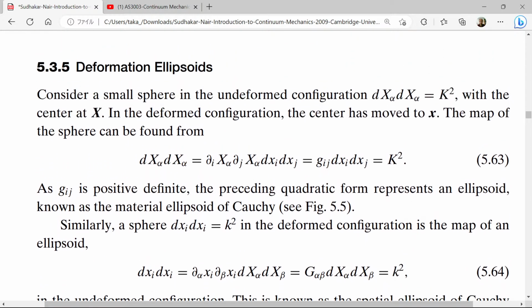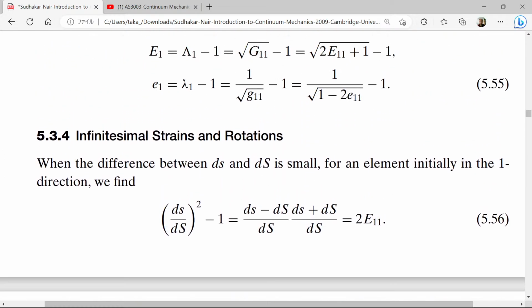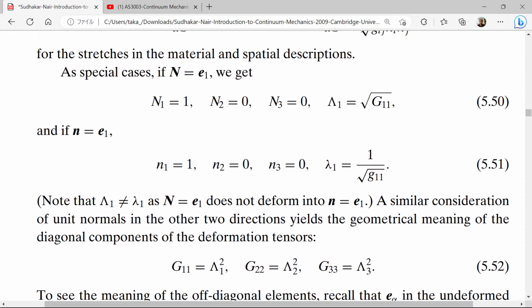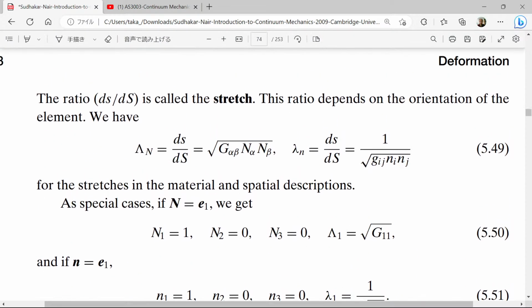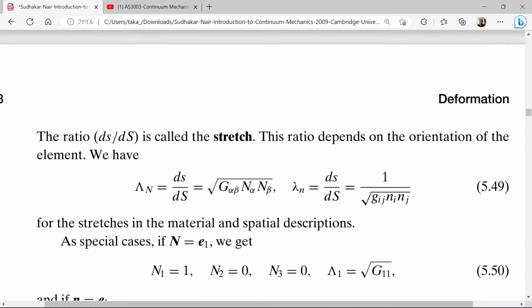What is lambda n? I think we did it before. The question is, what is n?